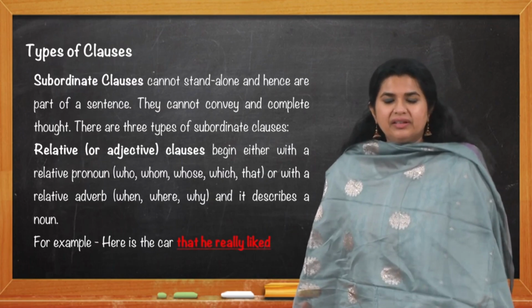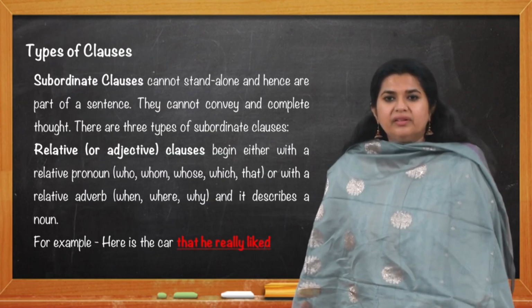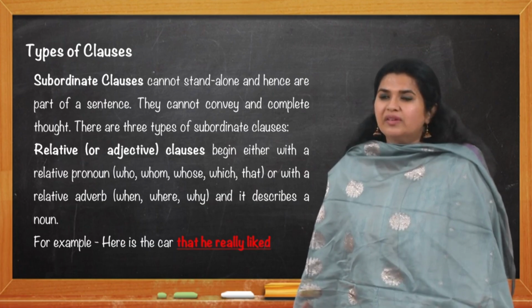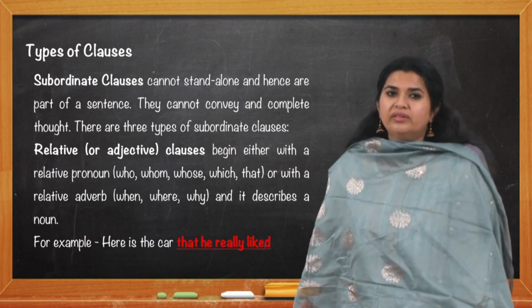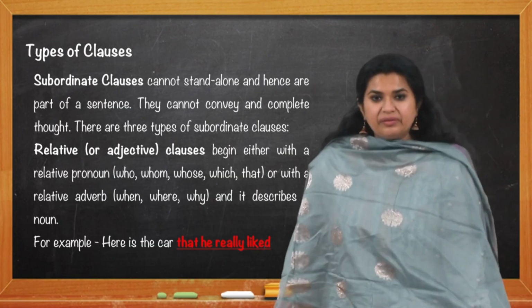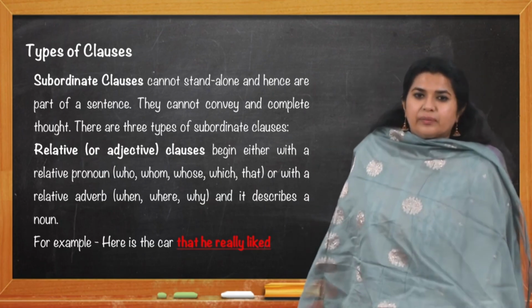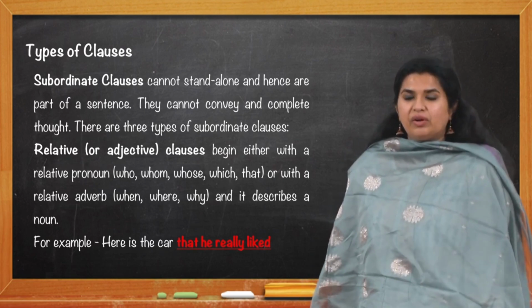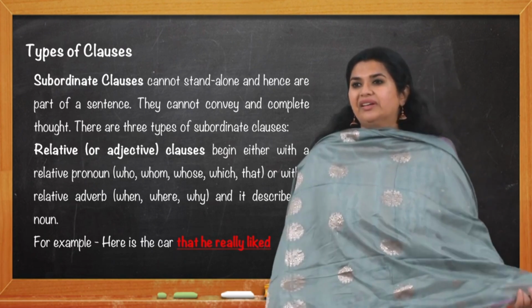Continuing with types of clauses: subordinate clauses cannot stand alone and hence are only a part of a sentence. Like Ram is the man who owns this company. Who owns this company does not make complete sense, therefore it is subordinate. Subordinate clauses cannot convey a complete idea or thought.